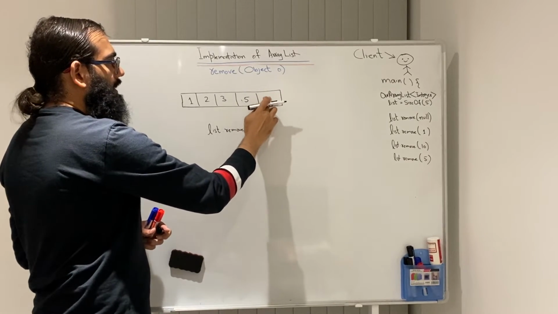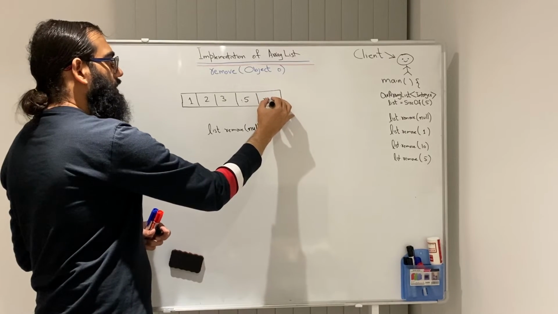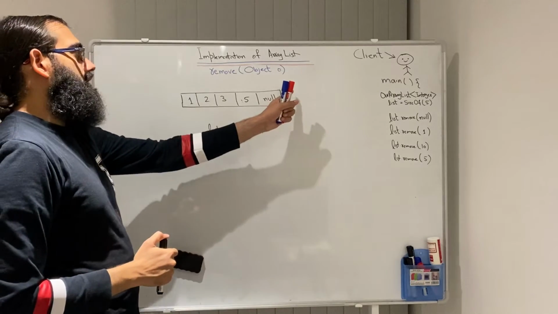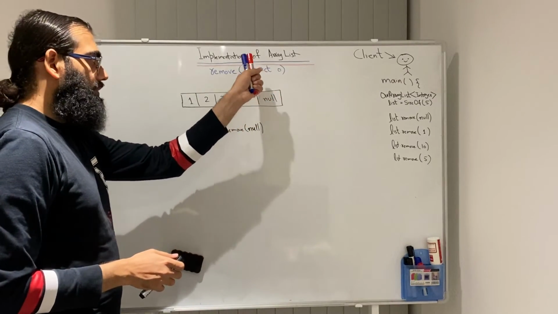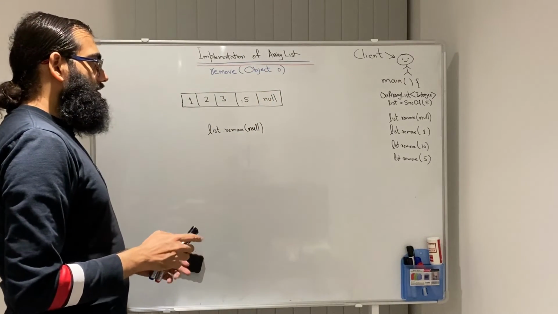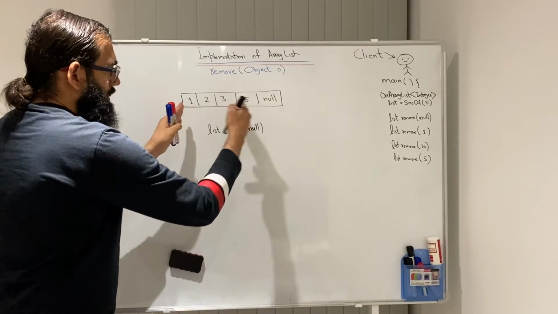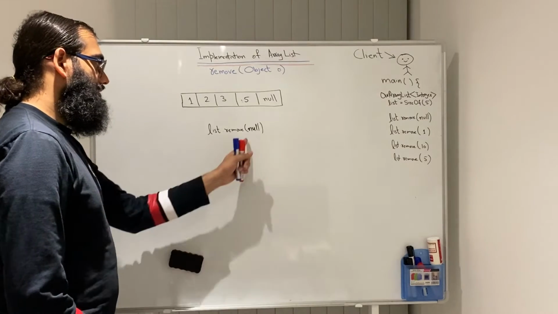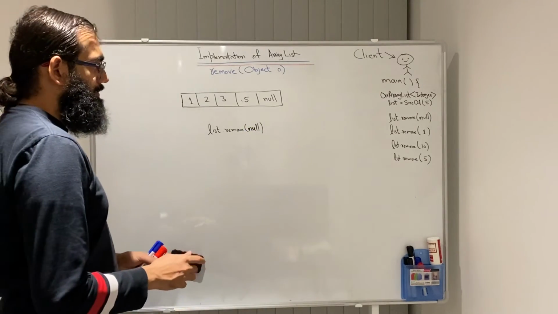So in that case it is going to be null, and there is no more duplication. Now consider we have this array, and now the client sends us remove with null. What will happen in this case?